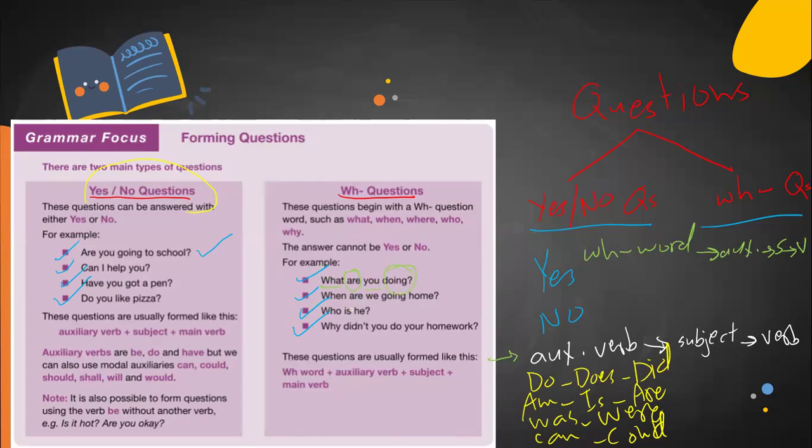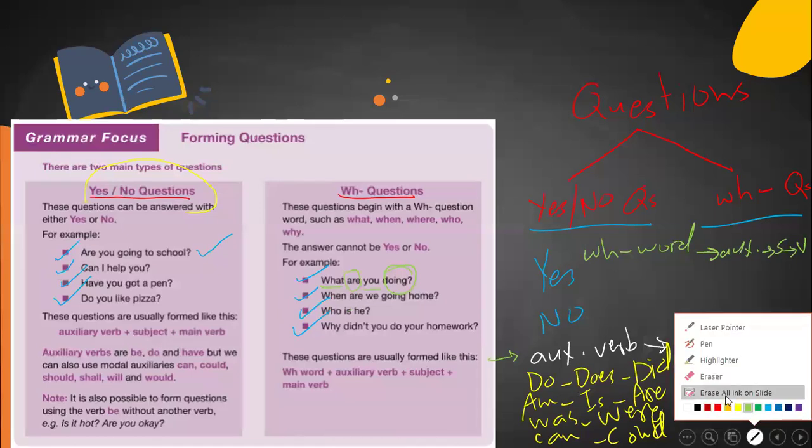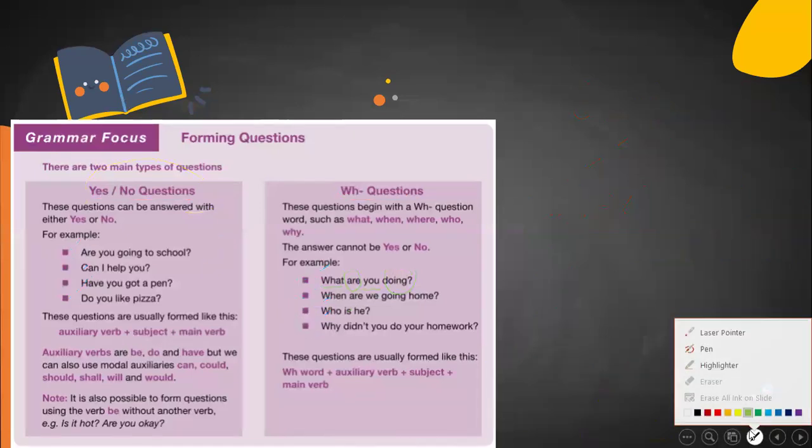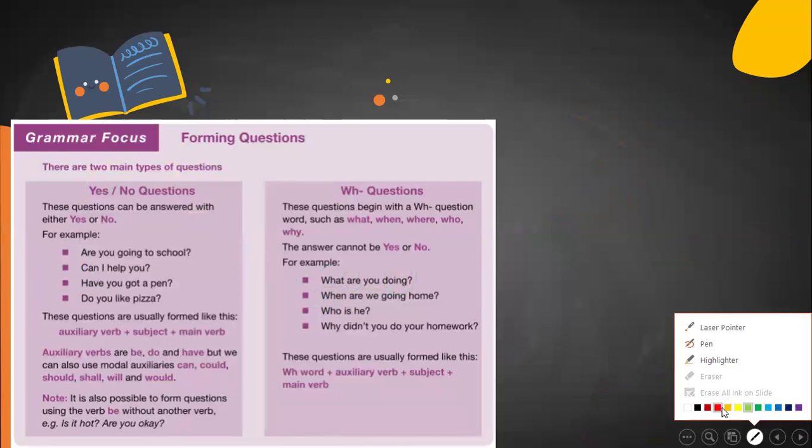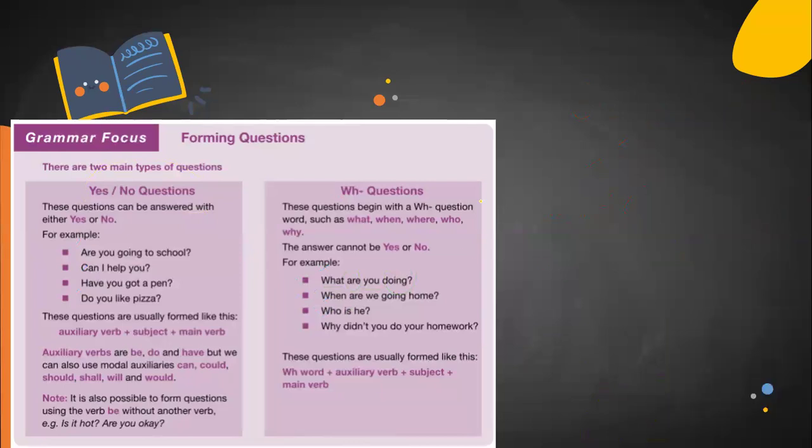Now, what are the WH words in English? We have these words. So please pay attention to me. They are very important. We have who, where, when, what, why.